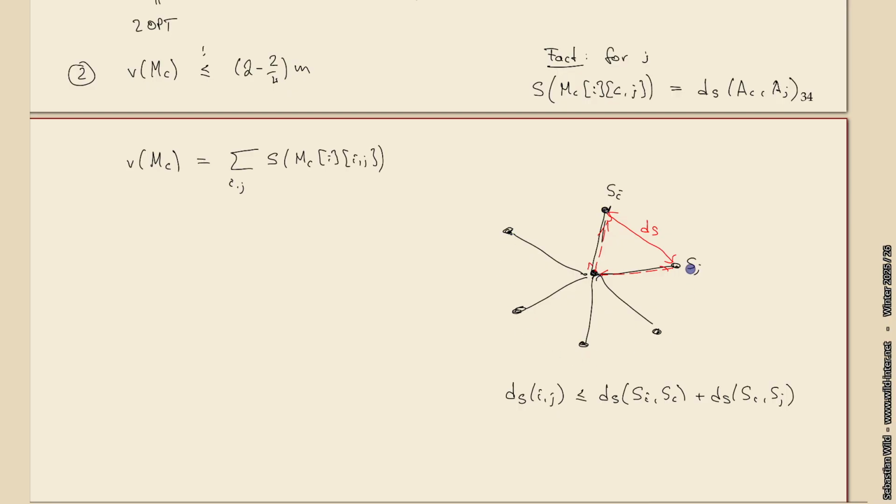And then for every other leaf, we sum it twice because it's both pairs. Okay. So that sum is indeed every edge occurs exactly 2 times k minus 1 times.